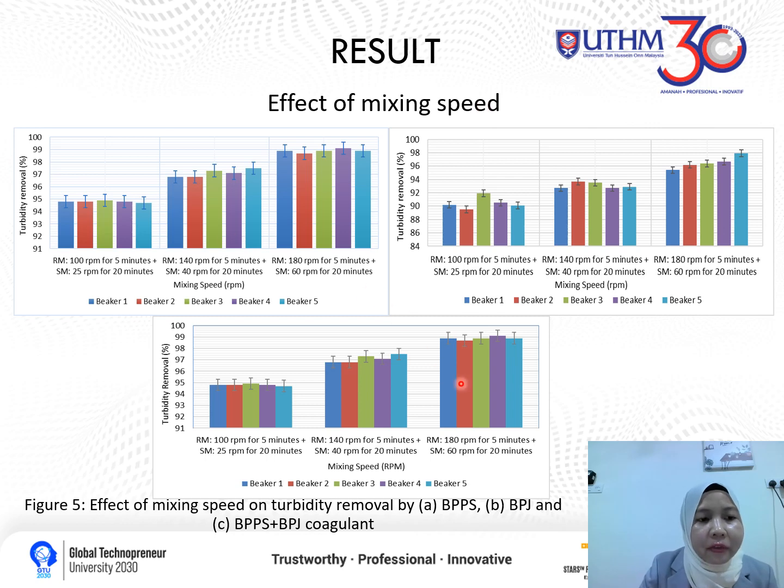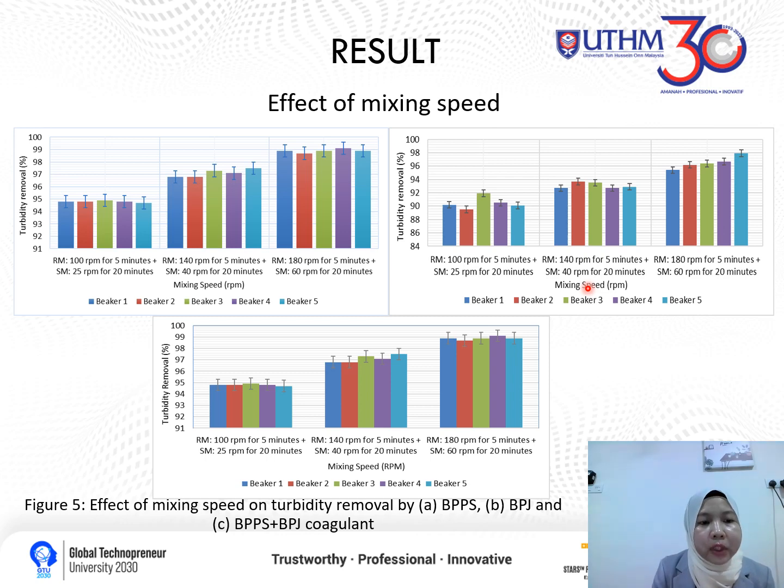Figure 5 shows that 5 minutes of rapid mixing at 180 rpm and 20 minutes of slow mixing at 60 rpm attain the greatest turbidity removal for BPPS, BPJ, and then BPPS plus BPJ coagulant, which can remove about 98.8, 97.9, and 99.1% of turbidity respectively.